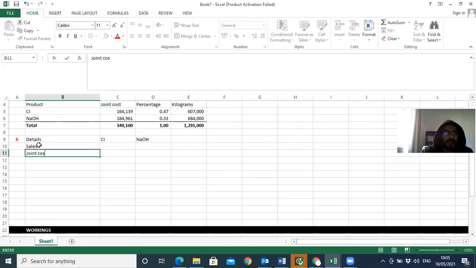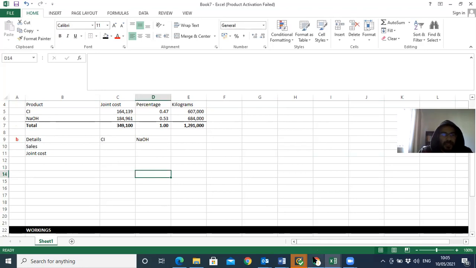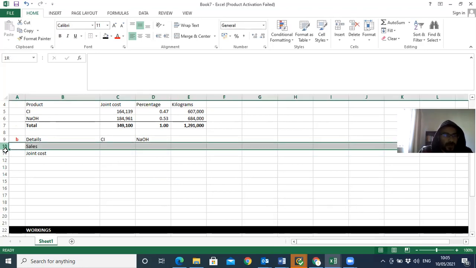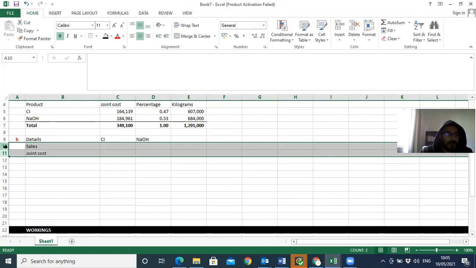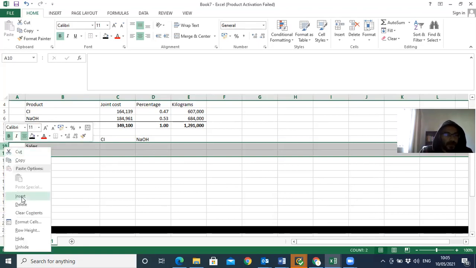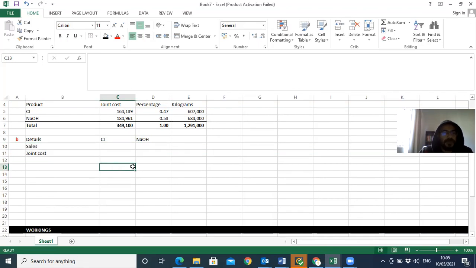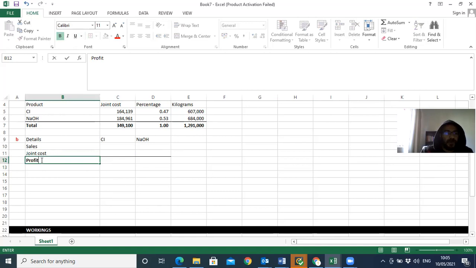Remember, the selling price at split off point, sales less joint cost, will give you profit at split off point.